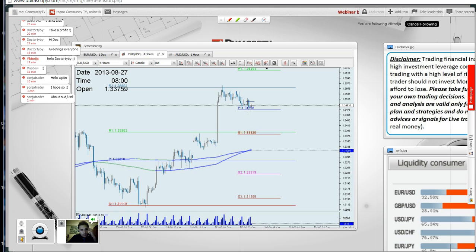Then we have 1.34 more demand, and especially 1.3350 shows pretty strong demand, and also at 1.33. No more stops then, just like yesterday. Buy stop orders above 1.35, especially at 1.3520.